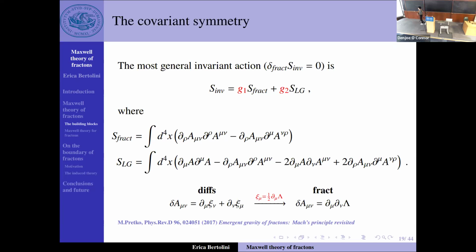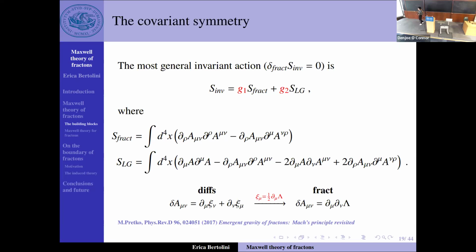It comes directly from the symmetry because covariant fractonic symmetry is a particular case of the diffeomorphism symmetry, which is also sometimes called longitudinal diffeomorphism. So you have linearized gravity along with fractons in this case, and this is a little bit of an issue too, because in a sense you don't have a way to separate linearized gravity from fractons.